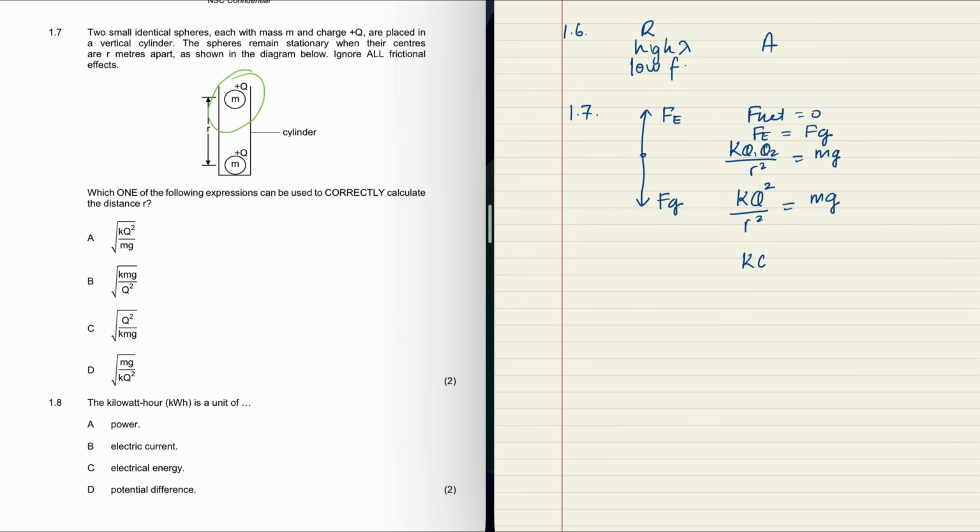So kq squared divided by mg is equal to r squared. Now we can square root, so the square root of kq squared divided by mg is equal to r. So the answer we're going to choose is answer option A.